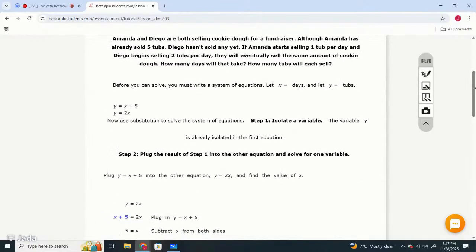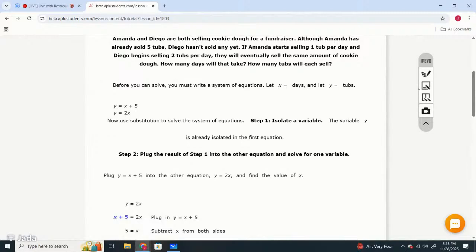Although Amanda has already sold 5 tubs, Diego hasn't sold any yet. If Amanda starts selling 1 tub per day and Diego begins selling 2 tubs per day, they will eventually sell the same amount of cookie dough. How many days will that take? How many tubs will each sell?